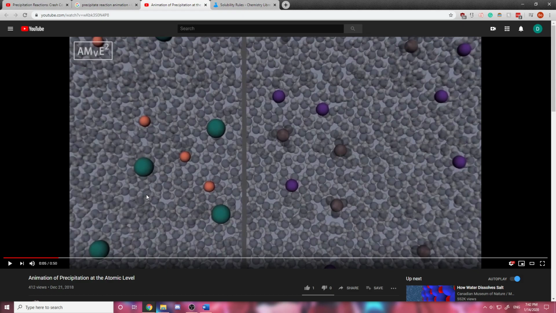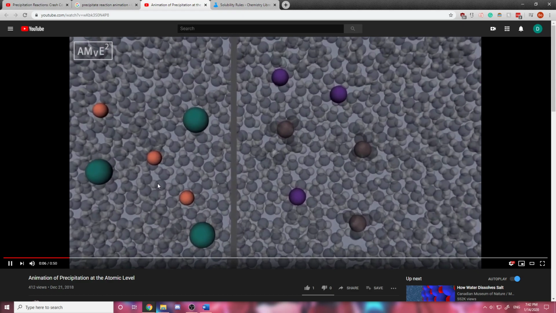Remember, when you have water, all these gray areas are the water molecules, and you put an ionic compound in there. The ion-dipole interaction between the water and the ions of the ionic compound pulls them apart and then surrounds them so that they can't reconnect, and they're just floating about in the water.